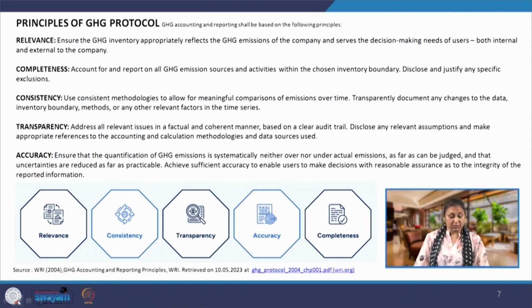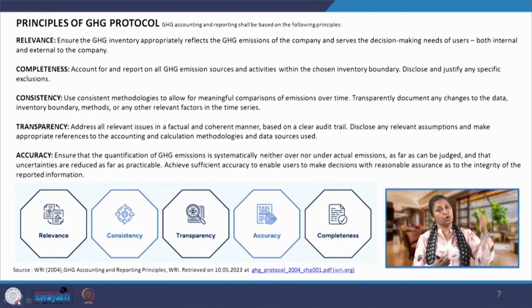We have to use consistent methodologies to allow for meaningful comparisons of emissions over time, and this is what the GHG Protocol ensures, that there is a parity in terms of methodology. If somebody calculates it this way, somebody calculates it the other way, we will not be able to make the comparisons of who is doing better as far as GHG emissions are concerned.